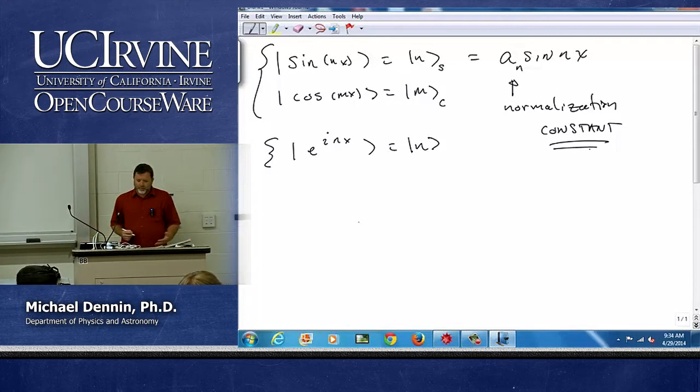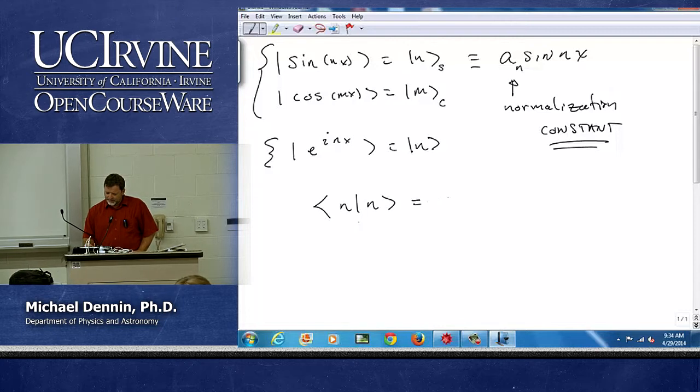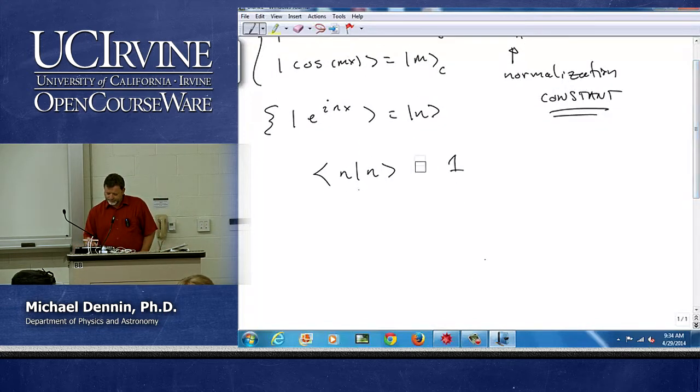The whole point of our normalization constant, when we define our function sine n, is so that the inner product of n with n equals 1. That's what we want. This is one of the times where you actually have to do the integral. So we actually want to integrate from minus pi to pi sine squared nx dx.